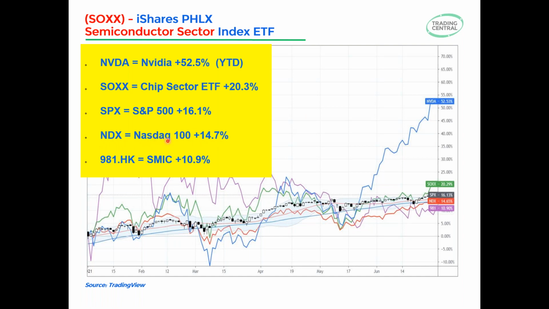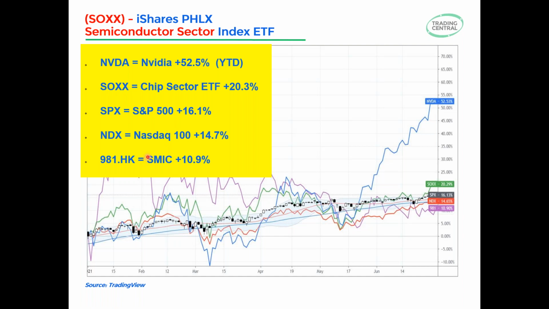Year to date, it has advanced near 15%. As I can say, you can see the tech stock is coming up to the blue chip stocks. Okay, close, and I look forward to their overtaking the blue chip stocks. And 981 is a Hong Kong listed stock, of course, a semiconductor stock. It is SMIC, the biggest Chinese chip maker.